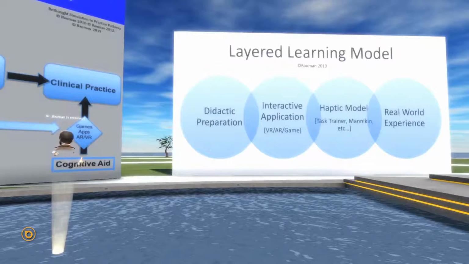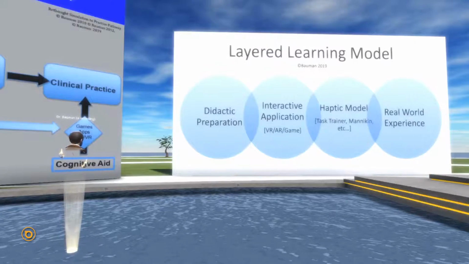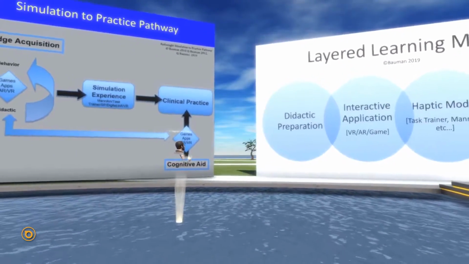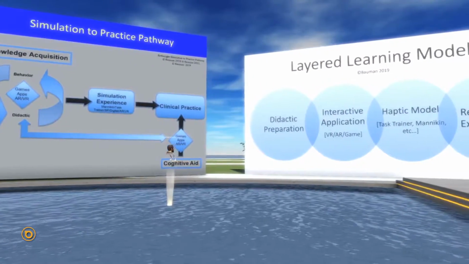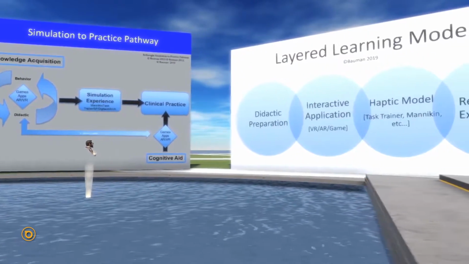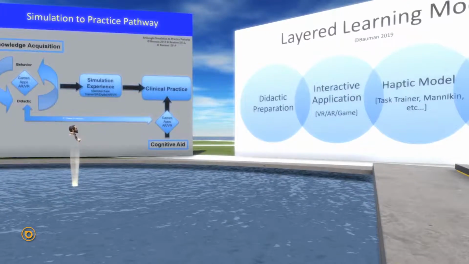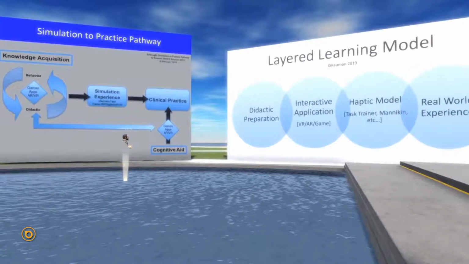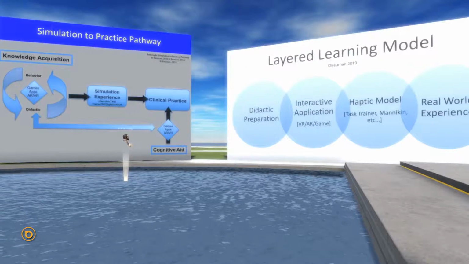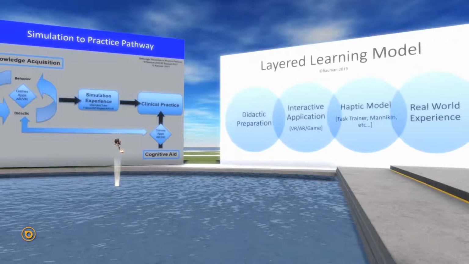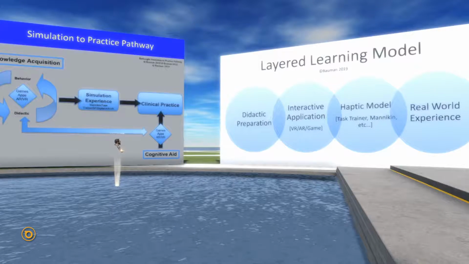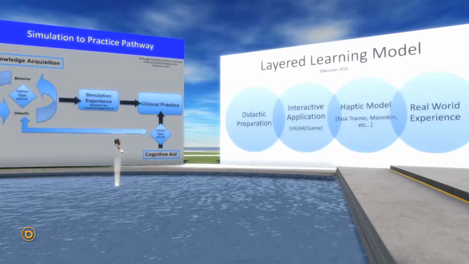The next overlapping part of this diagram is the interactive application. Now, this existed in the simulation to practice pathway too. And so you've got some sort of didactic preparation, whether it took place in a small group discussion, in a classroom, reading a manuscript or an article or a textbook.